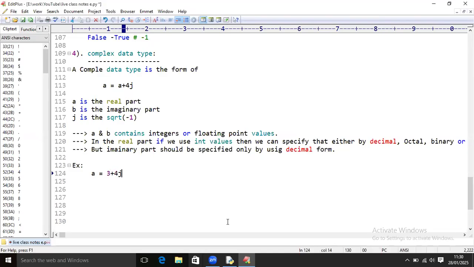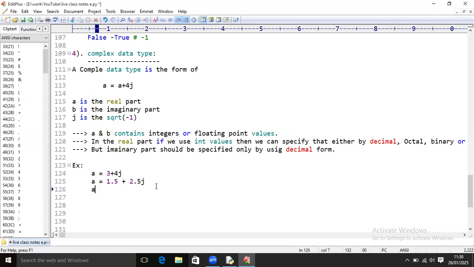This is an example of the complex type. And a equal to 1.5 plus 2.5j. What is the difference between here and here? Here we have specified decimal form with the complex data type. Here we have written float values, 1.5 and 2.5, which come under the float data type. That is the second example.